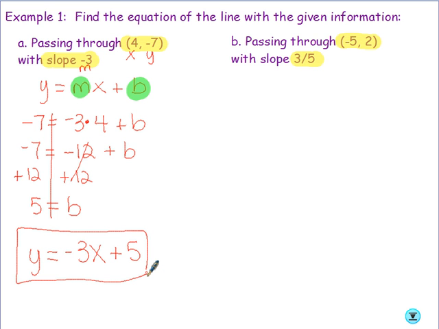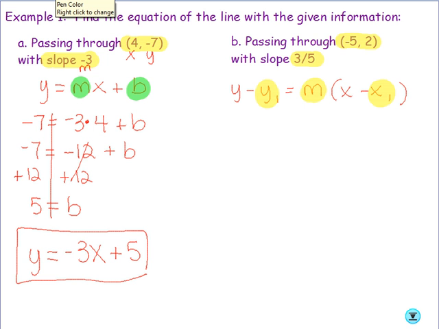We are now going to do example B using the other formula. That formula was y minus y1 equals m times x minus x1. In this equation, the three items that we are replacing are y1, m, and x1.